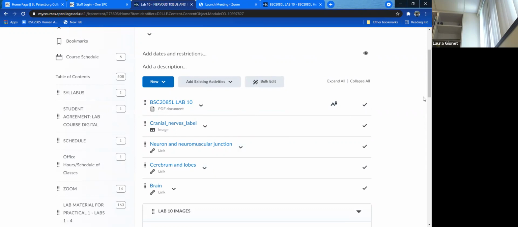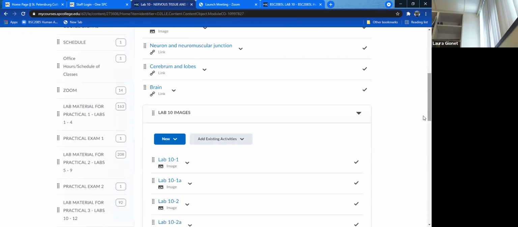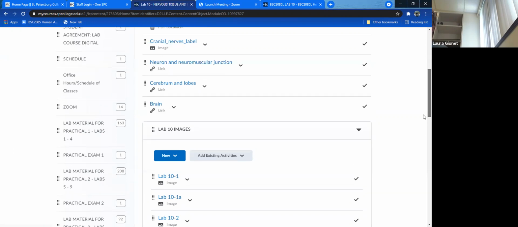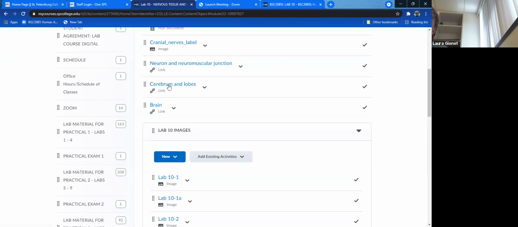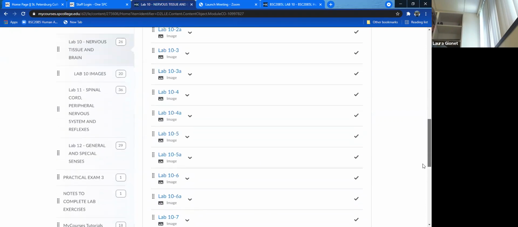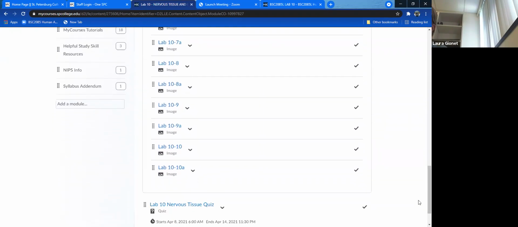I will try to find another image that would show you the undersurface of the models that would identify the cranial nerves from the models we have in the lab room. I believe I have that in one of these videos, especially the brain, the last one. I have one for the neuromuscular junction. I have a video on the cerebrum and the lobes, and then I have the brain. And I think that is it.